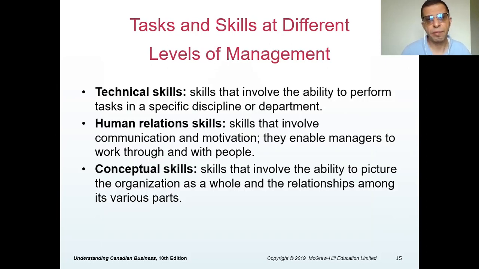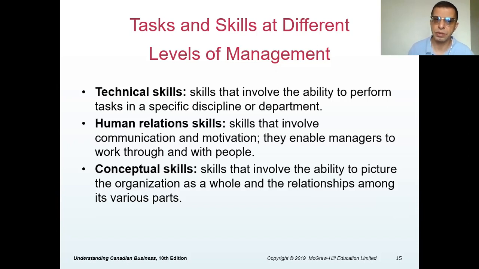Now, we have the technical, human relation, and conceptual skills. In the level of management, we said each one has to have these three, but some of them will have more focus on a certain part and less focus on another.